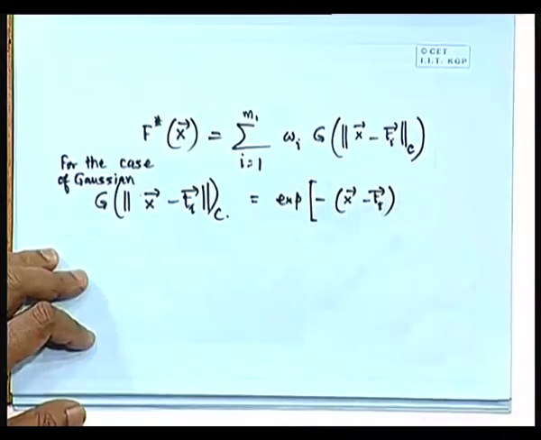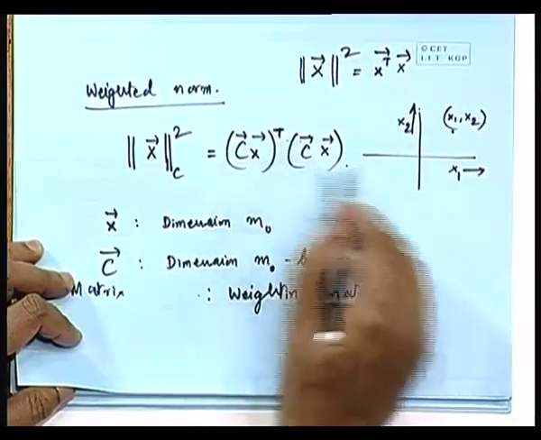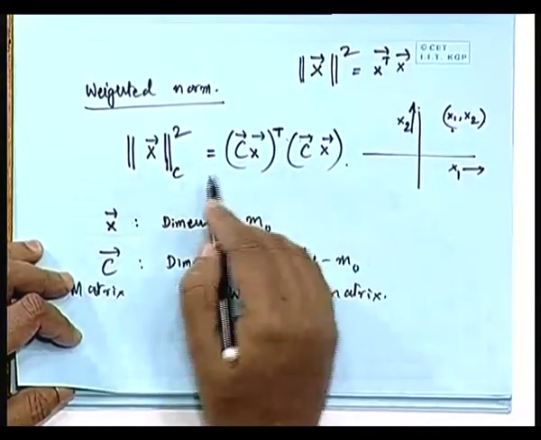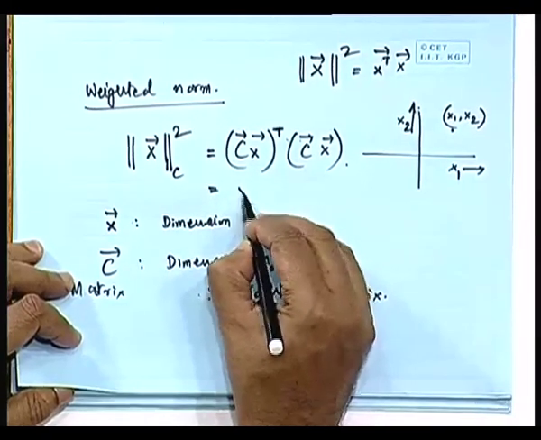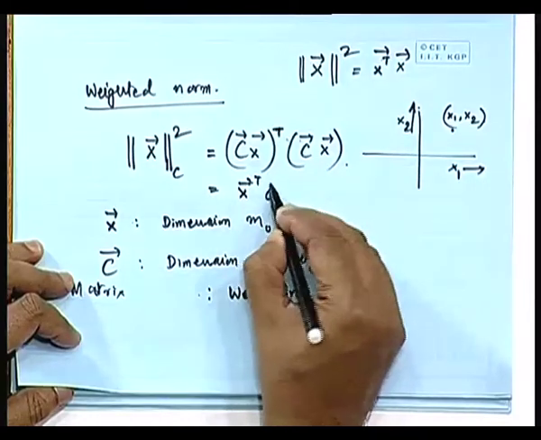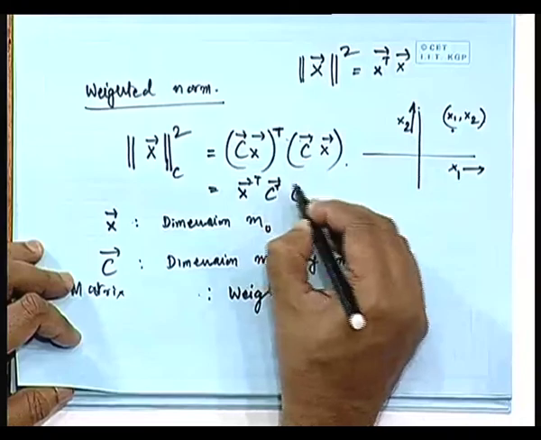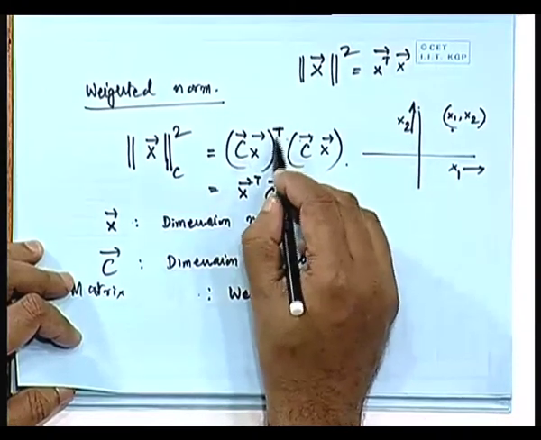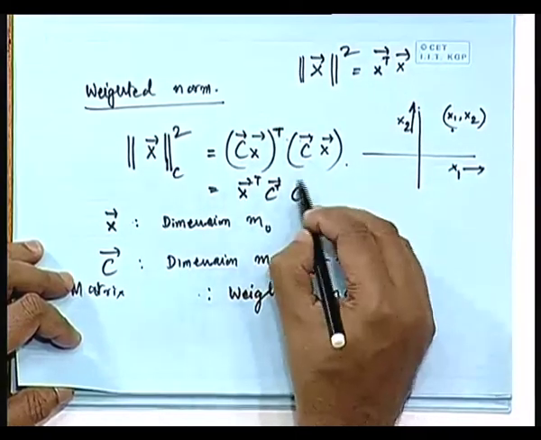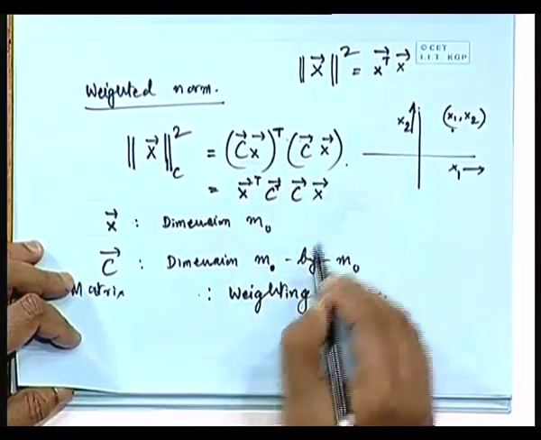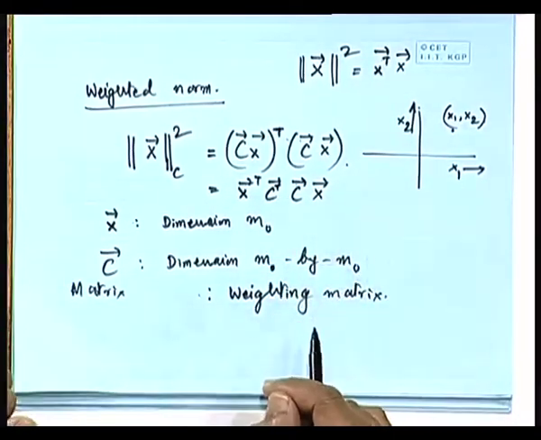One thing I should have done is break up this weighted norm expression. If you break it up, it becomes x transpose C transpose, because the whole thing has been taken as transpose, then C matrix x vector. So it is x transpose C transpose C x. This is what we are getting.